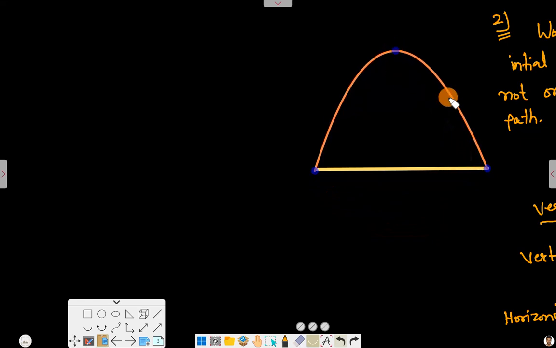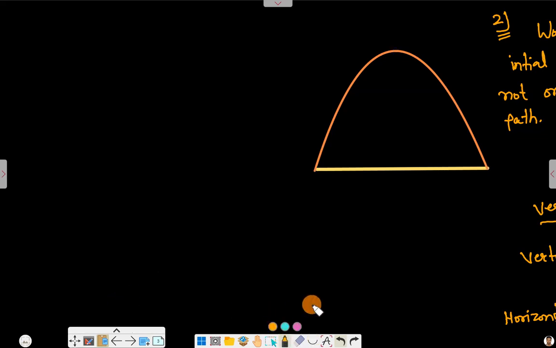It is the path of the particle. Suppose this is the height, the maximum height that the particle has achieved. Now we can say here it is point A, point B, point C. So the particle moved from point A to point B, and from point B to point C. Here the particle had some velocity v in the upward direction. Here the particle has some velocity v in the downward direction.